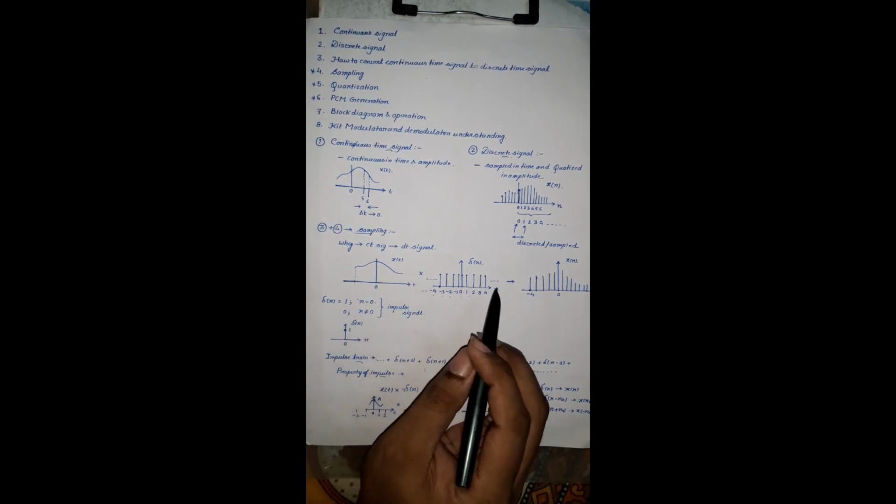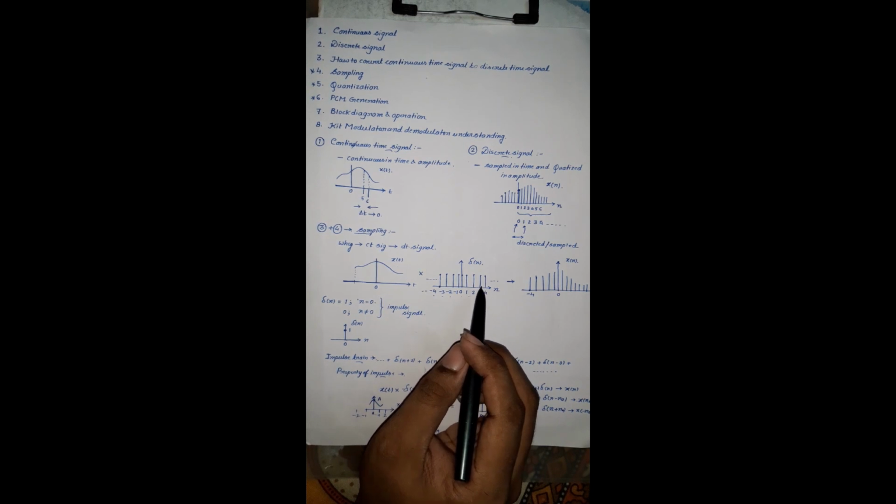That means we have just taken samples of these signals at those particular points, and just plotted the values of the signal here. Mathematically we have also shown that we have just multiplied the continuous time signal with the impulse train, and we have found the discrete time signal at the same positions where the impulse is present.